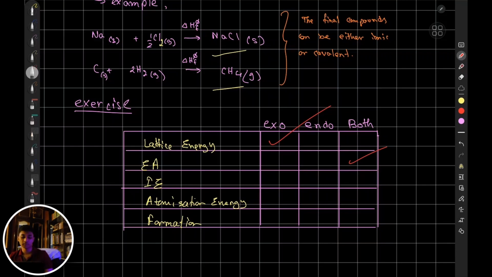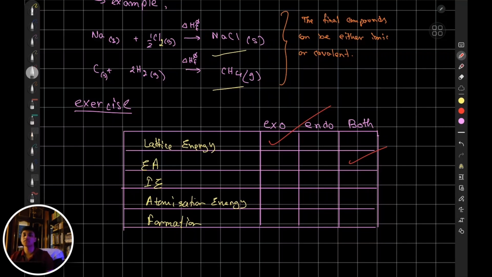Ionization energy. Unlike electron affinity, it doesn't have any sort of exception. All the successive ionization energies are always what? Exothermic.